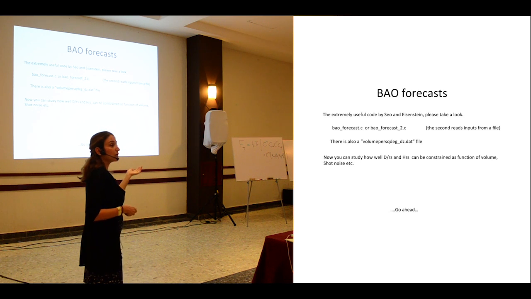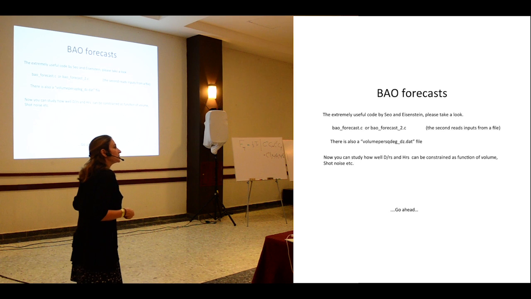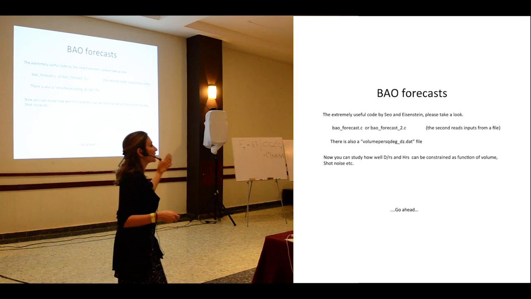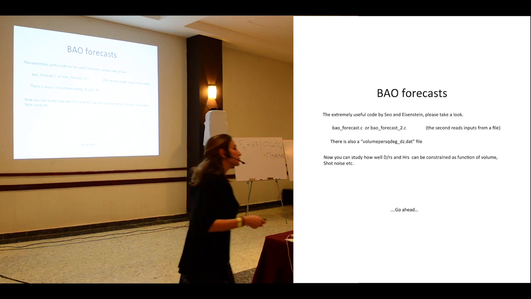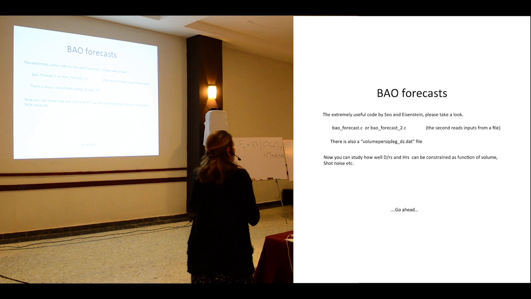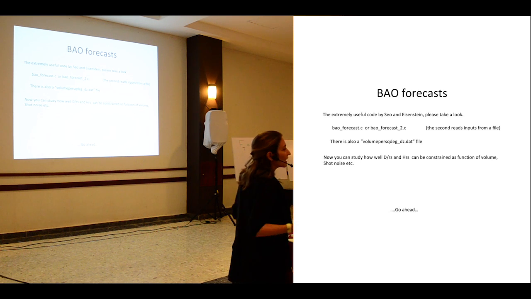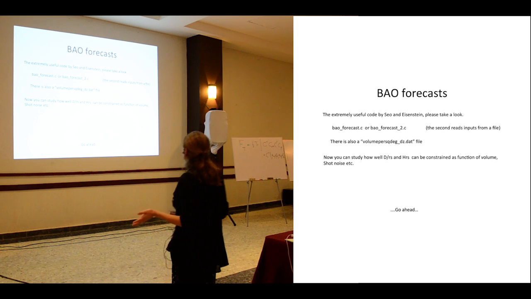You have to give it an input: how much noise your survey has, what type of galaxies you want to use, what you think the nonlinear corrections are, and so on.